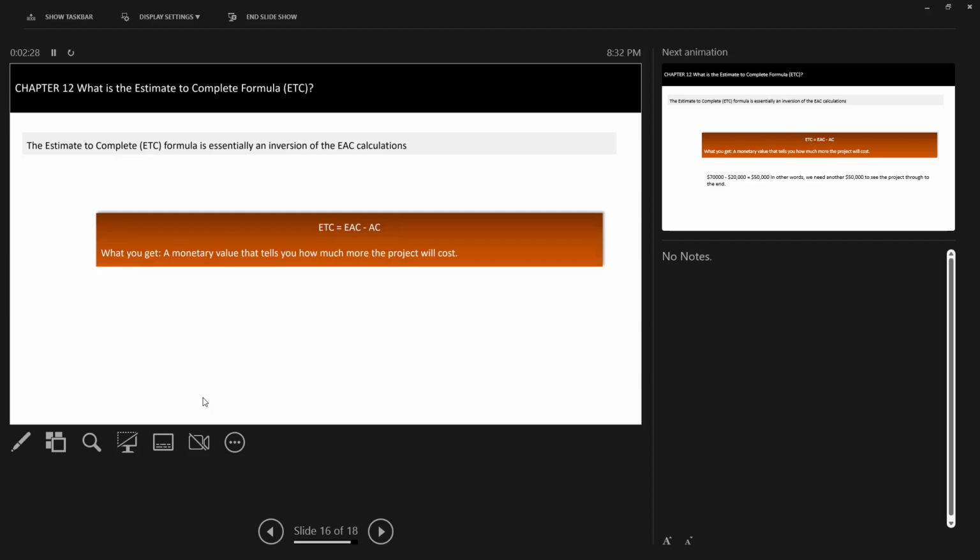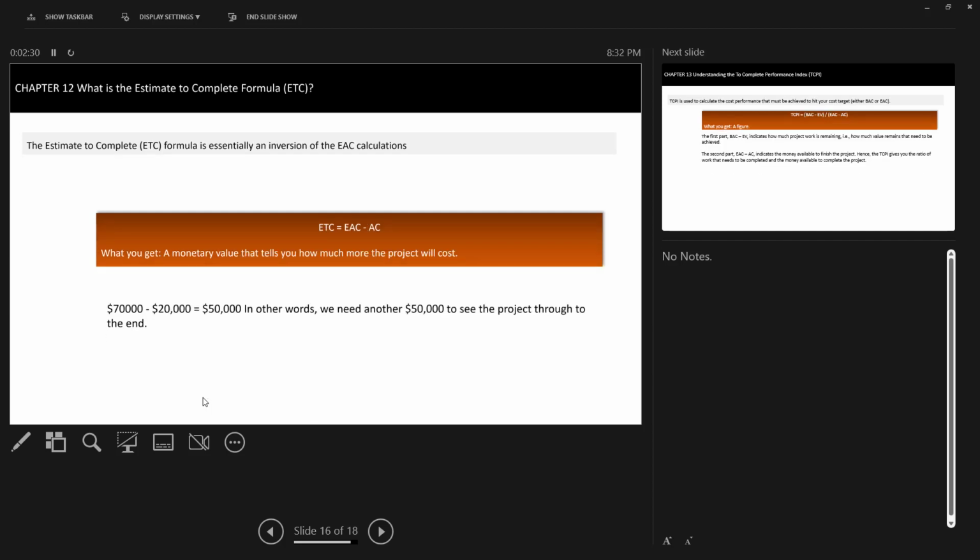All right. Next one, estimate to complete formula, ETC, which is your estimate at completion minus your actual cost. It is essentially an inversion of your EAC calculation. It's the opposite of the EAC calculation. Estimate the completion from the point you are standing and measuring until the end of the project based on the previous performance, how likely the budget will change, or the cost will be.